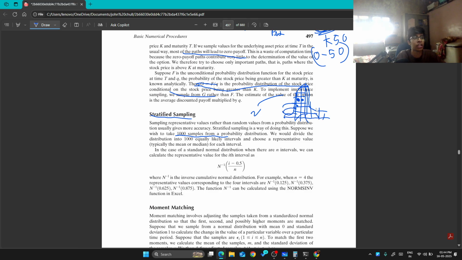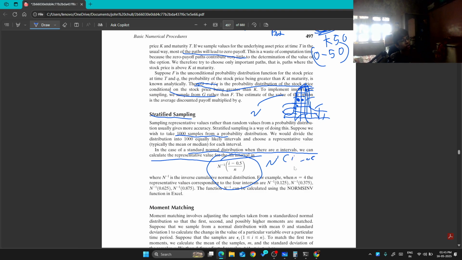In this way all the samples are uniform, and we cover every probability. That is stratified sampling. In the case of a standard normal distribution with n intervals, the representative value of the ith interval is (i minus 0.5) upon n.